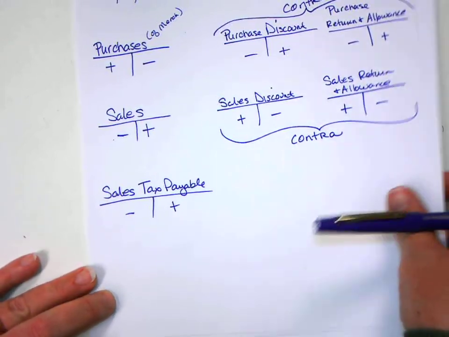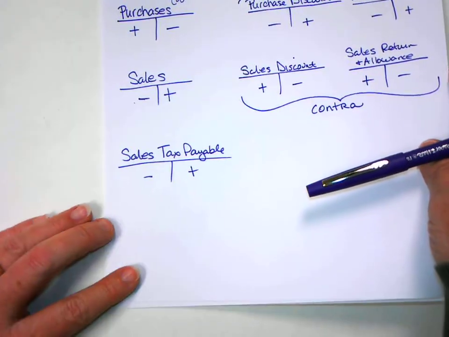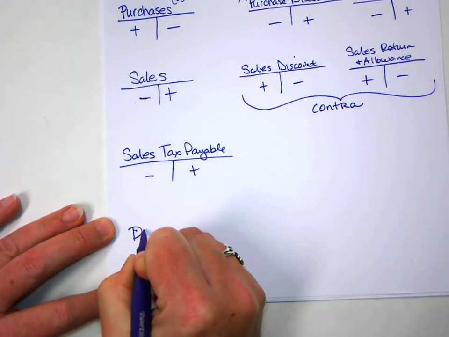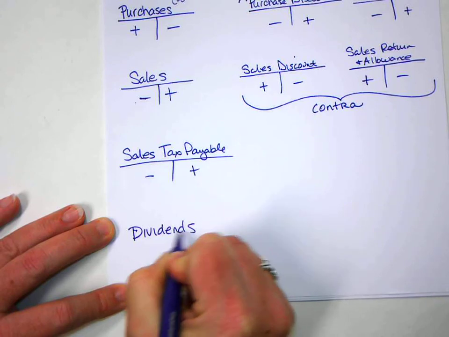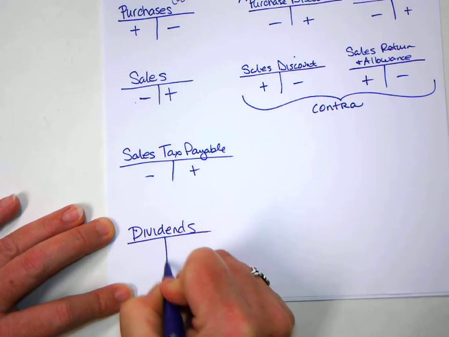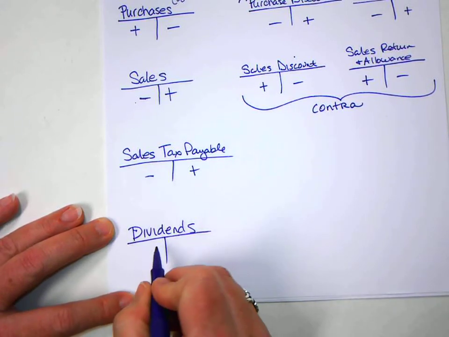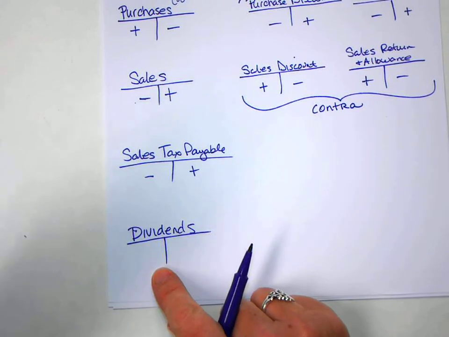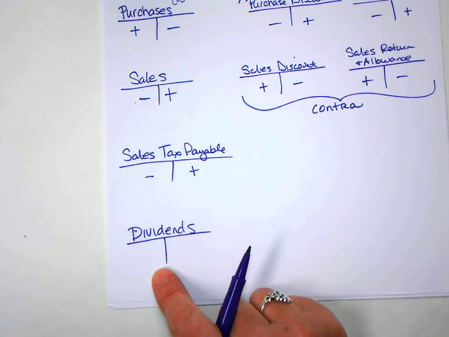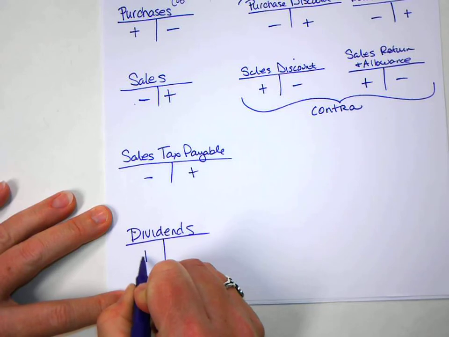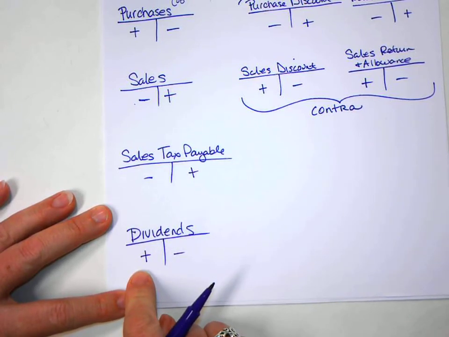Okay, and then we're also going to look at the dividends. Okay, again, dividends is similar to drawing. Okay, so drawing has a normal balance of a debit.